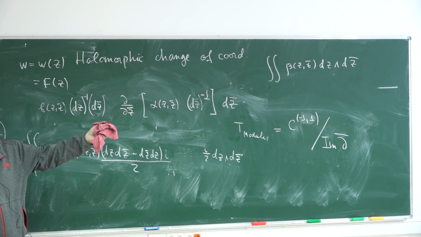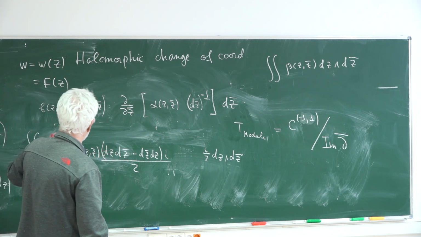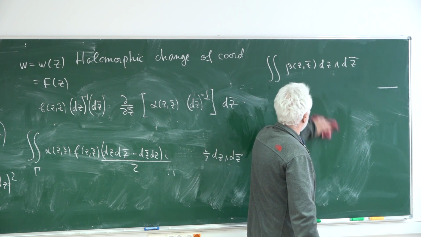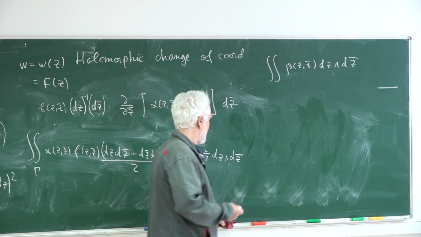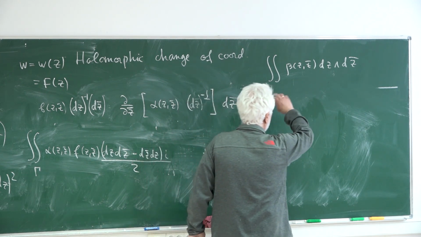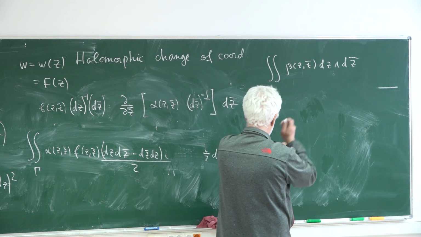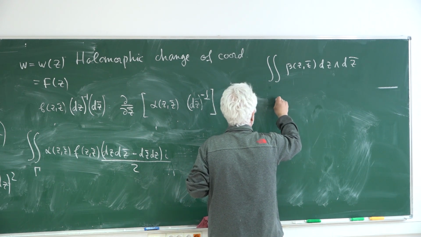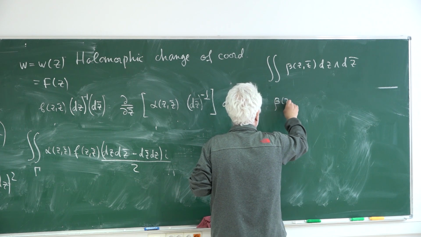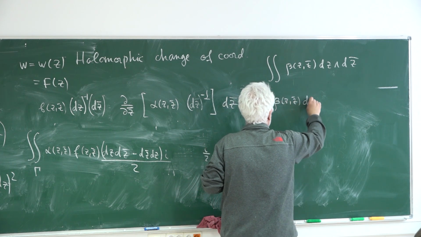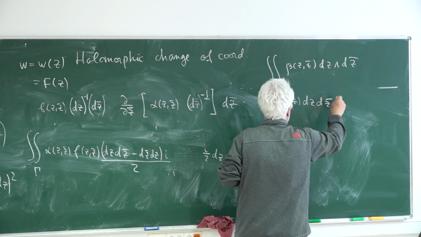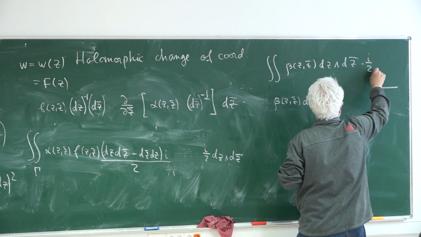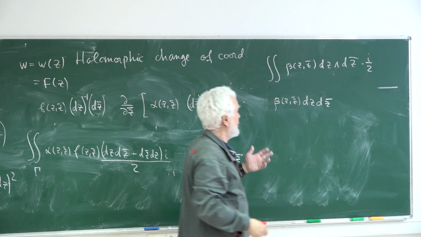But of course, if we have such a form, and we have a form beta bar, I prefer to multiply by i divided by 2.